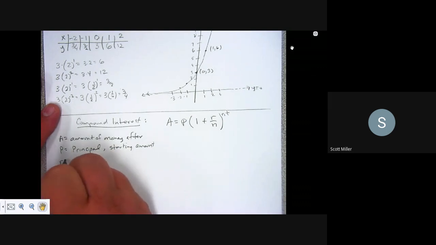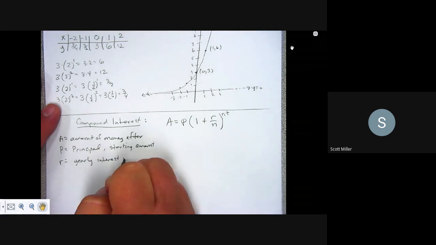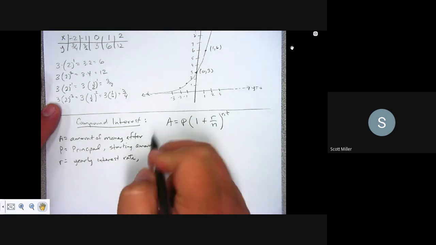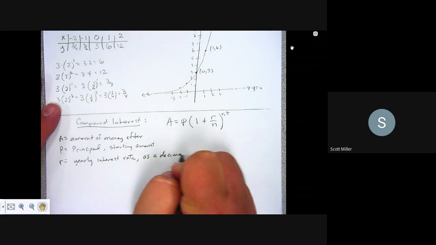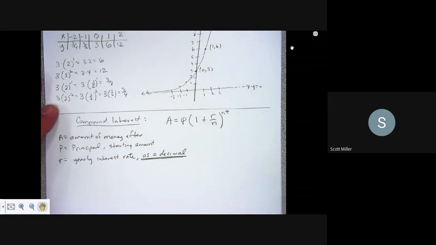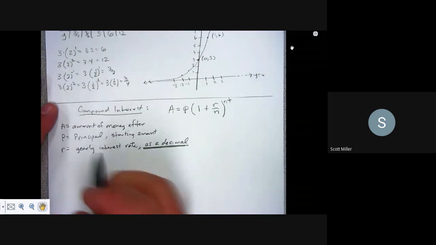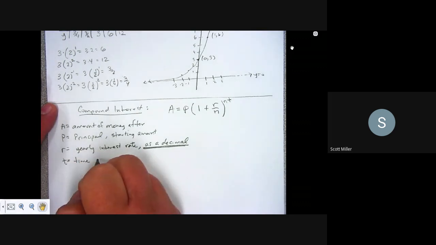So R is your yearly interest rate. And this is the key, as a decimal. Many people get this wrong because they forget to change R to a decimal, because it will be given to you as a percent. T is your time in years.